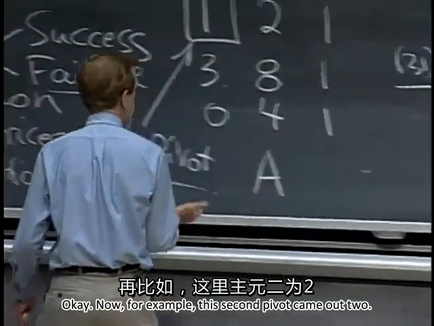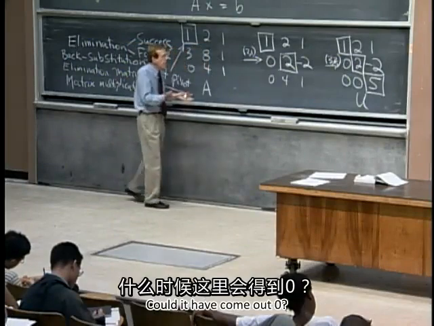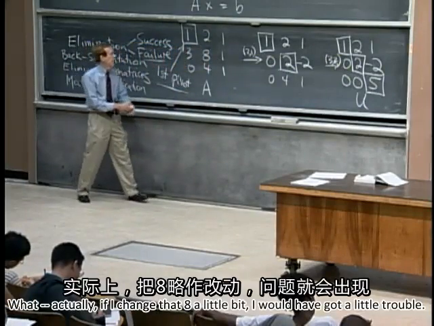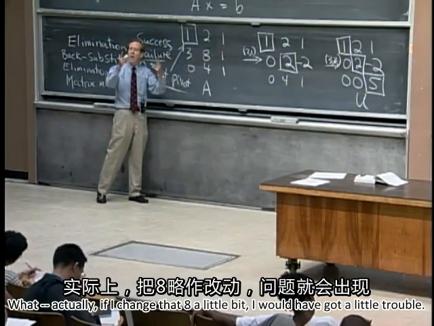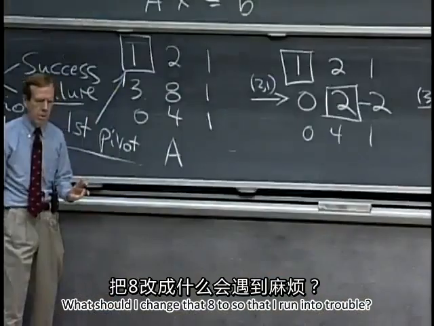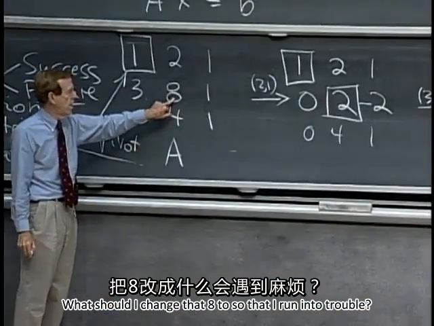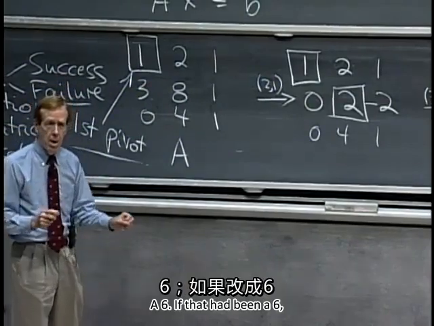Now, for example, this second pivot came out 2. Could it have come out 0? Actually, if I changed that 8 a little bit, I would have got, again, a little trouble. What should I change that 8 to so that I run into trouble? A 6.